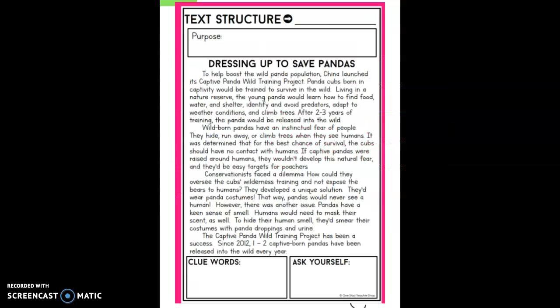As we are going through this passage, please make sure that you are typing along with me and highlighting any of our clue words. At the top, this is a problem and solution text. Problem and solution. Go ahead and type that up at the top.